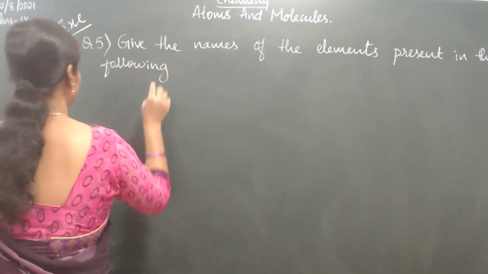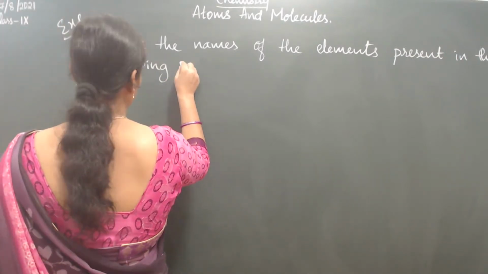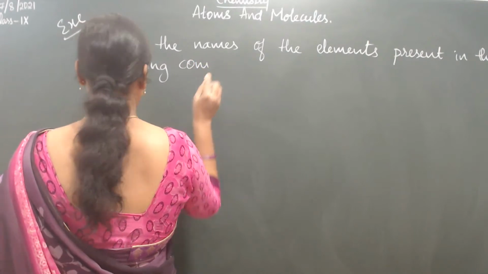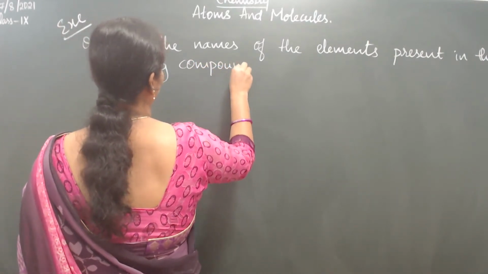In the fourth question, we wrote about the chemical formulas. Here we have to name the elements which are present in the given compounds. Okay.